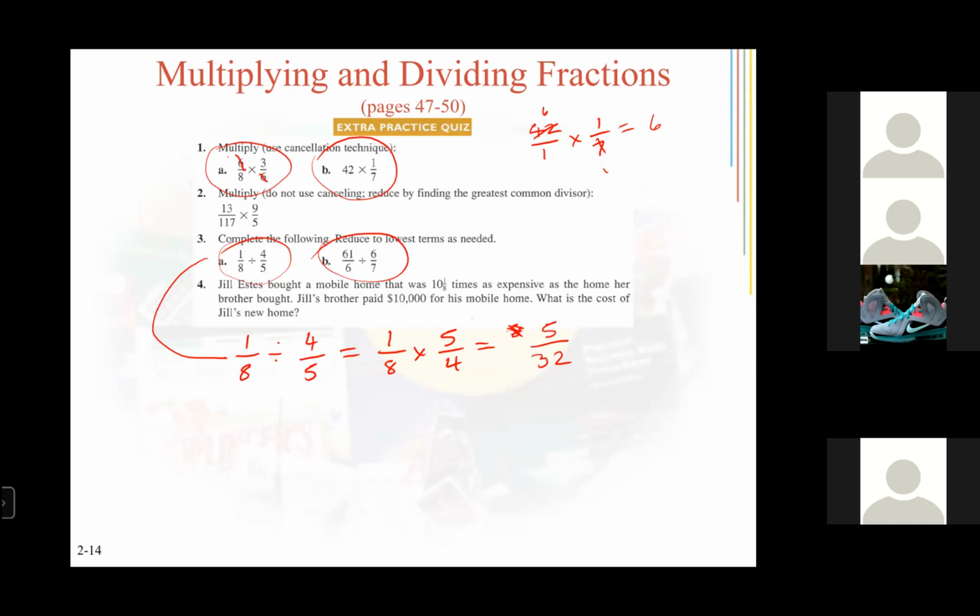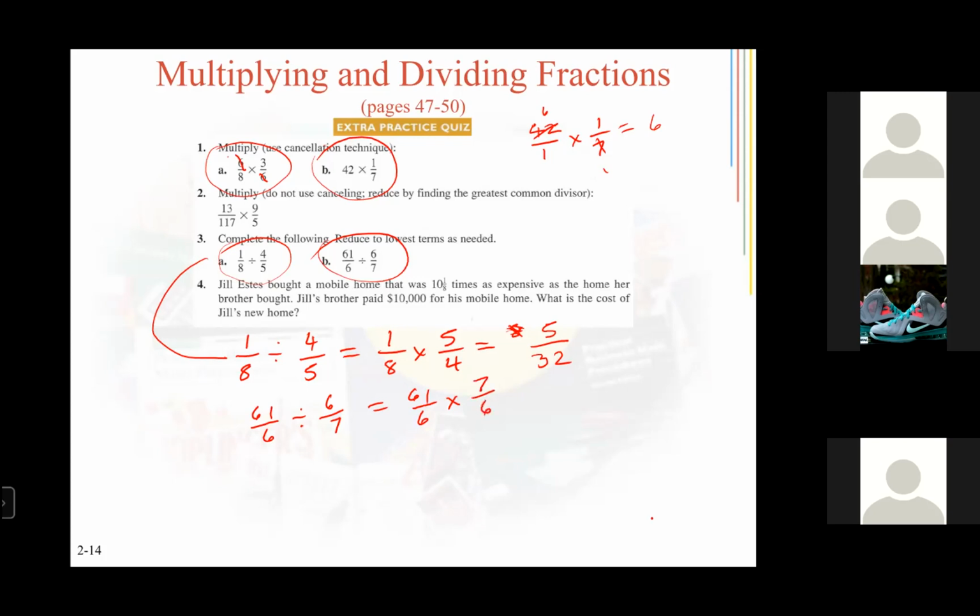Okay, the next one is 61/6 divided by 6/7. So following the same steps, it'll be 61/6 times what? 7/6.